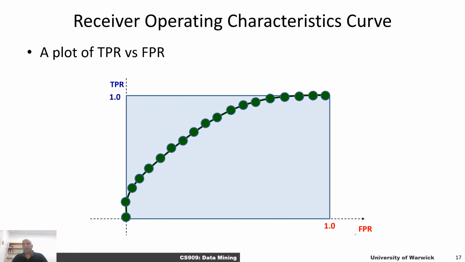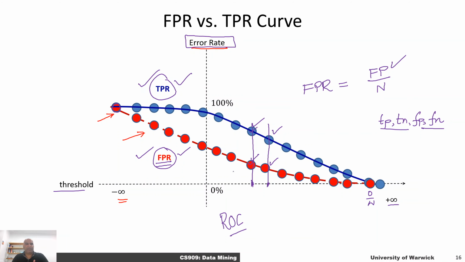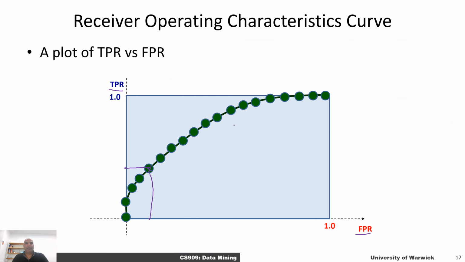Okay, so we plot the false positive rate along the x-axis and the true positive rate along the y-axis. So for a particular value of the threshold of the classifier, we get a certain value of false positive rate and a certain value of true positive rate based on this curve, right? And what this allows us to do is to express these two performance metrics, FPR and TPR, in the form of a curve.